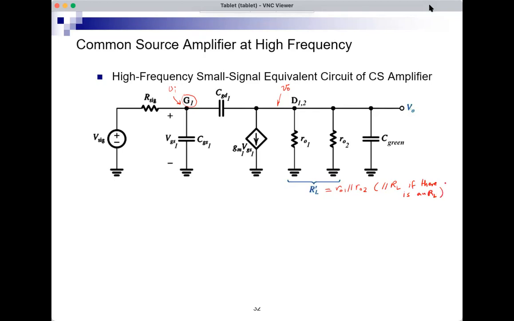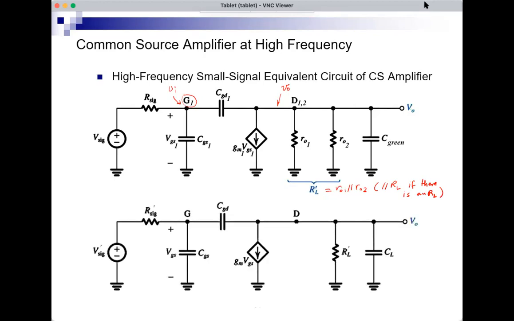So again, that makes the circuit more general. This is the circuit simplified, to show the R prime L instead of 2 or 3 resistors, and I will rename C green to CL.